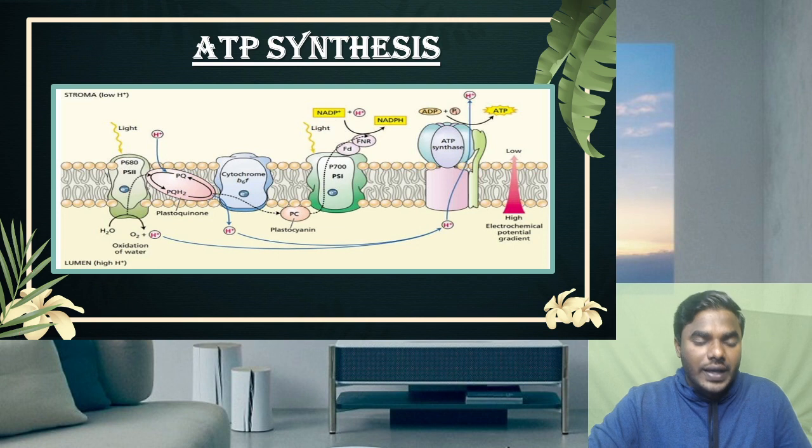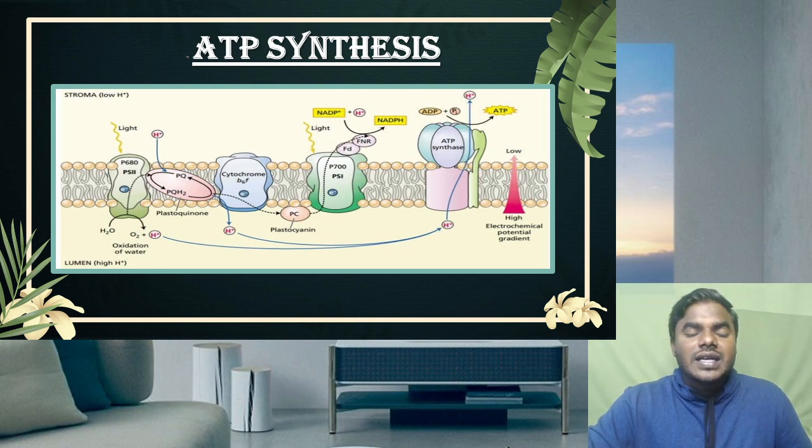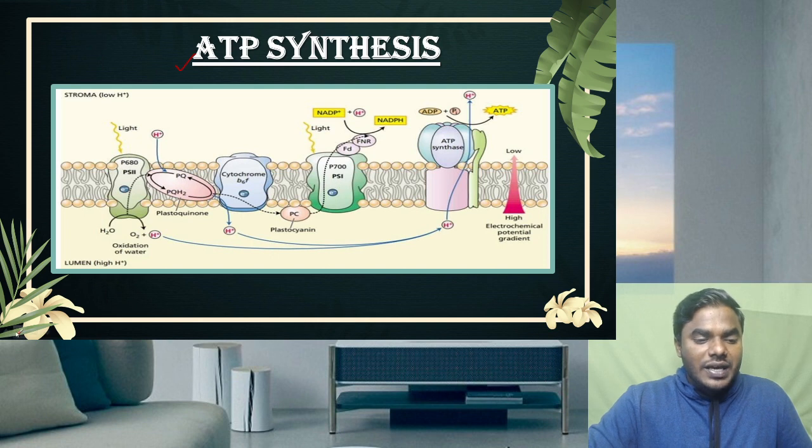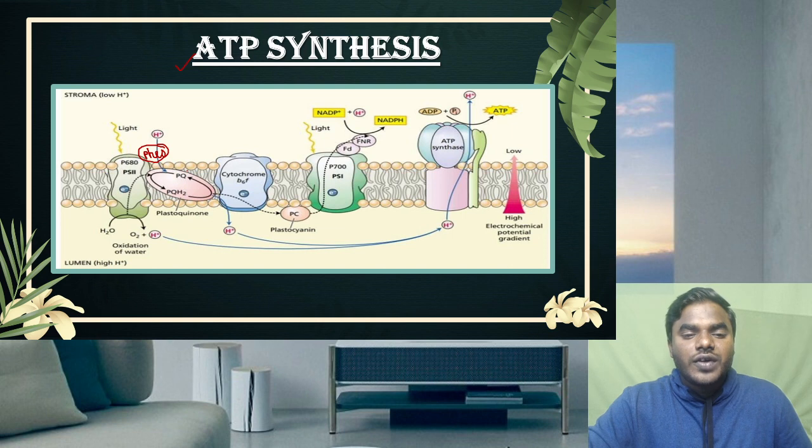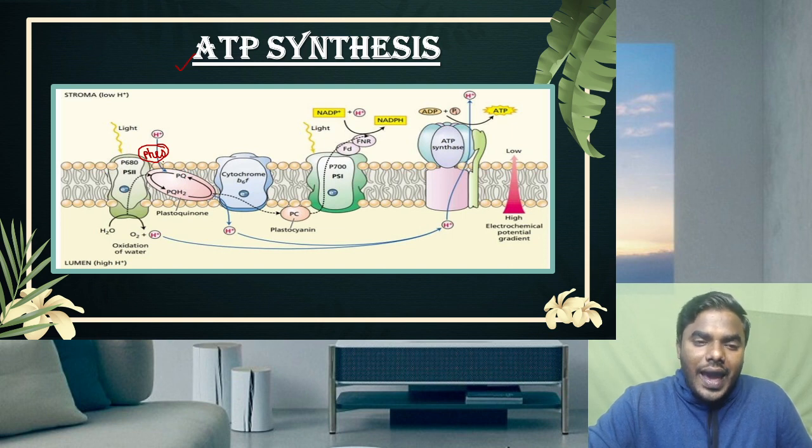Listen carefully. We are understanding how ATP is basically synthesized. First P680 sends the electron to pheophytin. Pheophytin sends the electron to plastoquinone. Plastoquinone accepts the electron from pheophytin, accepts the proton from the stroma, and PQ is reduced to PQH2.